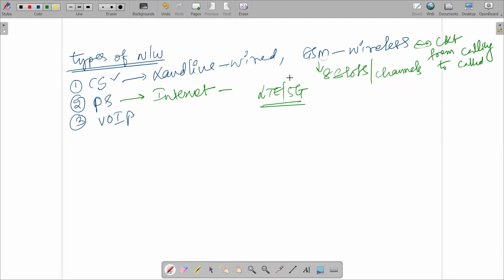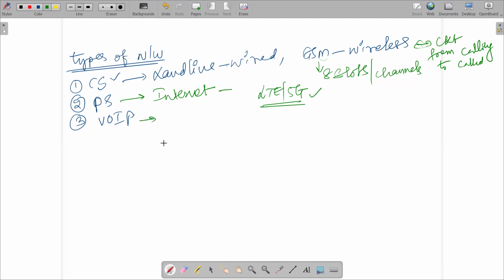Definitely, the routers' and gateways' job is to forward the packets depending on the IP address. Each router or gateway checks the IP address of the packet. Based on that particular IP address, the packet will be forwarded in the network. So the same concept is used in LTE and 5G. Anyway, we will see this one by one.